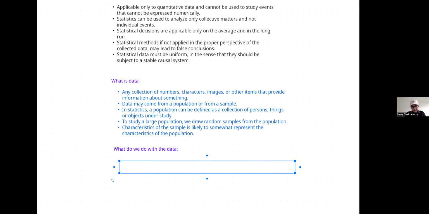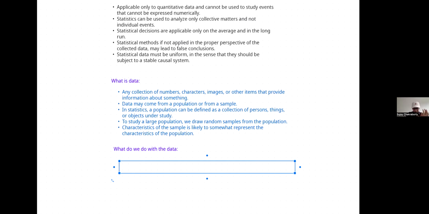So we collect, analyze, summarize, and interpret the data and make some decisions based on our interpretation of the data, right? So if we are not able to make any decisions or interpretation of the data, then the data collected is of no use to us, right?